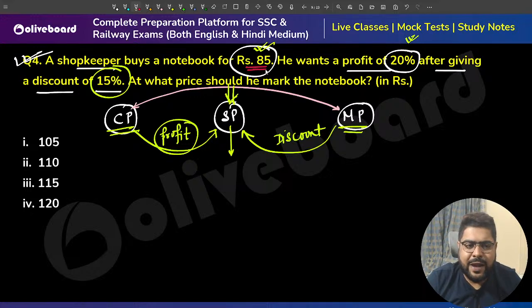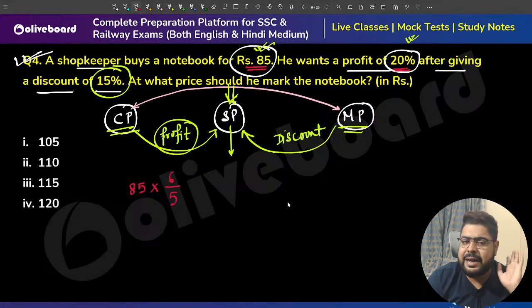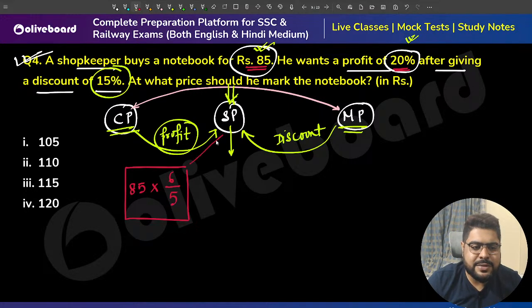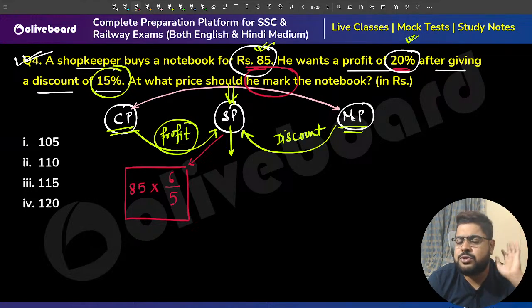CP is 85 rupees. He wants a profit of 20%, so SP will be 120%, which means 6 by 5. I'm writing it directly. This is SP from CP. Now the discount: they are asking what price he should mark the book, meaning they are asking the MP.